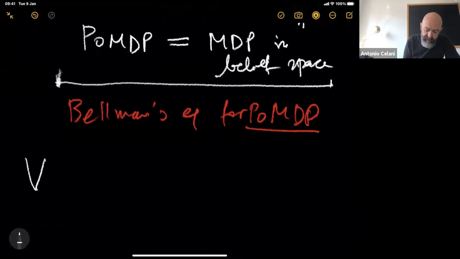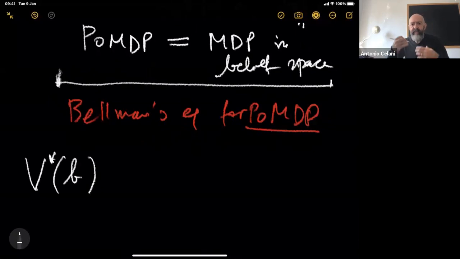So the optimal value of what? Well, it cannot be the optimal value of a state. So it's an optimal value for a belief. The optimal value of any belief, which means if at any certain time I find myself with a certain belief about where I am in state space, I can compute what the optimal gain that I can get in the future given that belief.